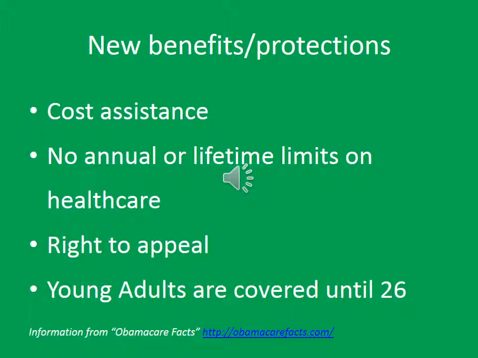Regarding the new benefits and protections offered by Obamacare, there is improved cost assistance. There are no annual or lifetime limits on health care, which means your insurance company can't drop you if you get sick or your forms aren't correct. You always have the right to appeal, and young adults are covered until the age of 26.